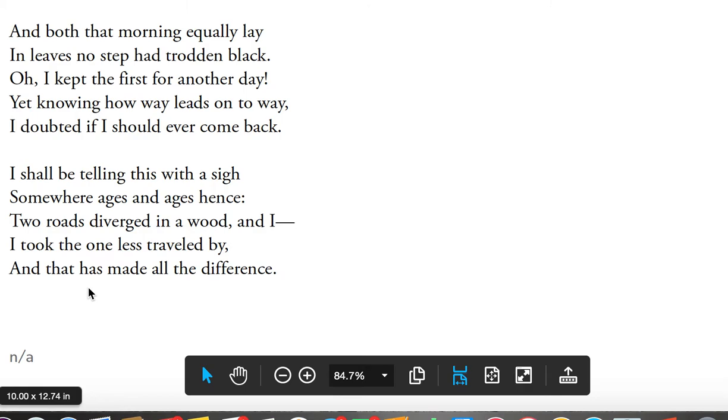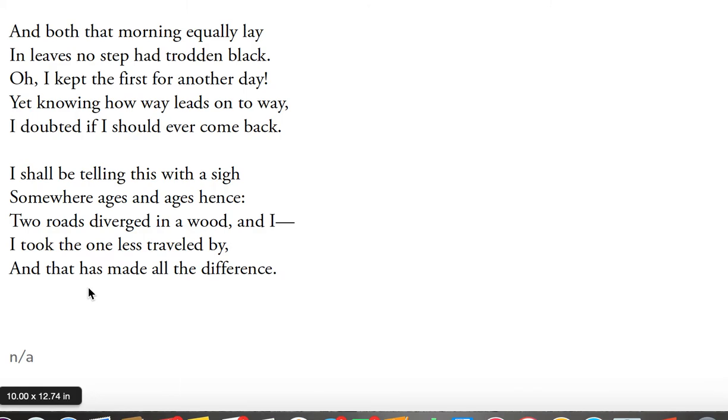So, for example, if you took this line where he says, two roads diverged in a wood, there are a lot of vowel sounds being put together. And then you have the pause. He says, I took the one less traveled by. That I repeated is a very comforting sound.